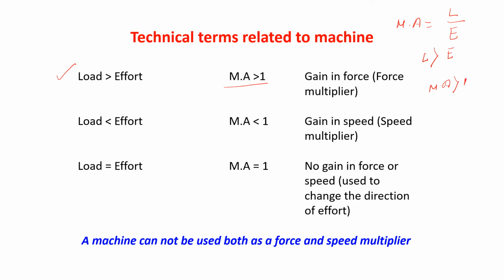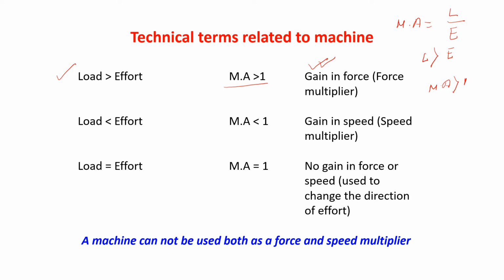If this is the case, then this type of machine is acting as a force multiplier. Gain in force. Apply a very small effort, and that effort will be multiplied. So it is known as a force multiplier. You can do more work with the application of less effort.